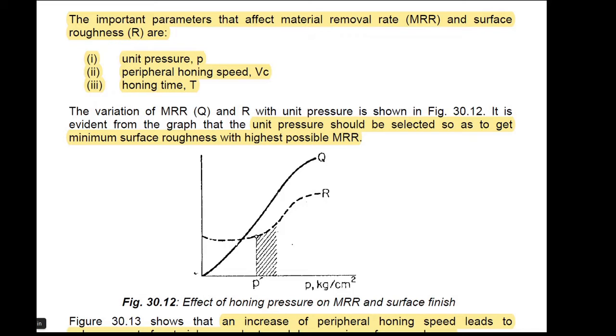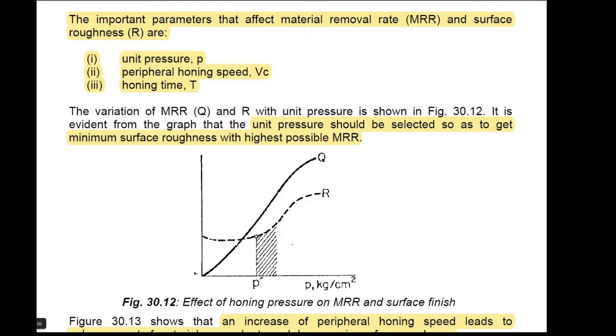In this graph, the material removal rate, which is represented by letter Q, and the surface finish, which is represented by R, are plotted against the unit pressure P. From the graph, it is clear that the unit pressure should be selected in such a way that there should be minimum surface roughness and highest possible material removal rate.